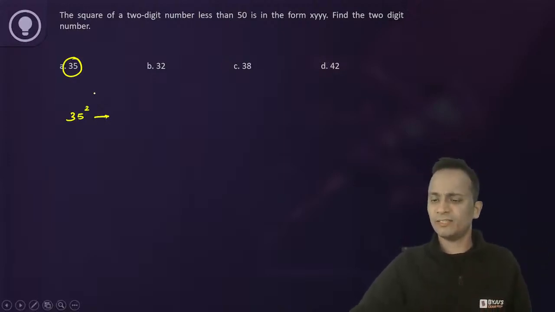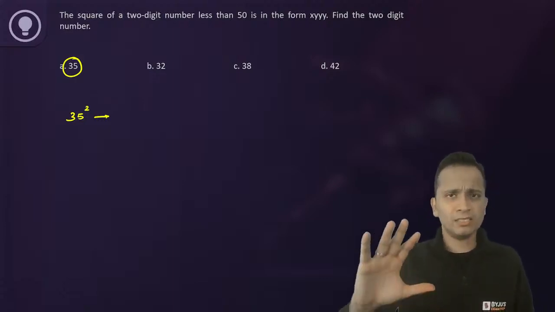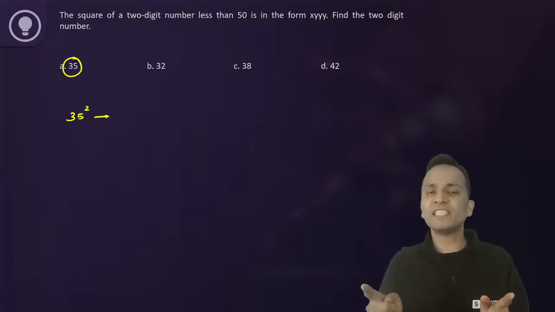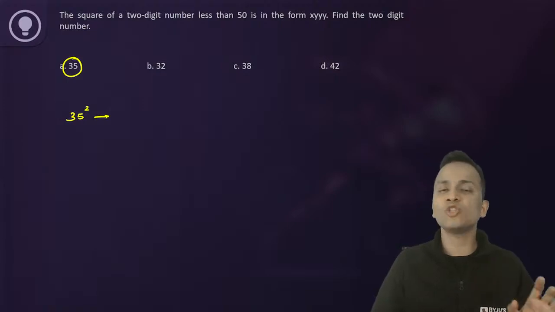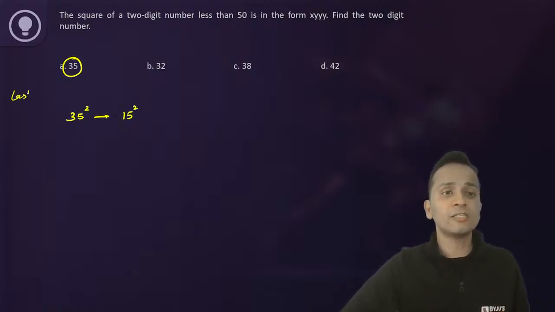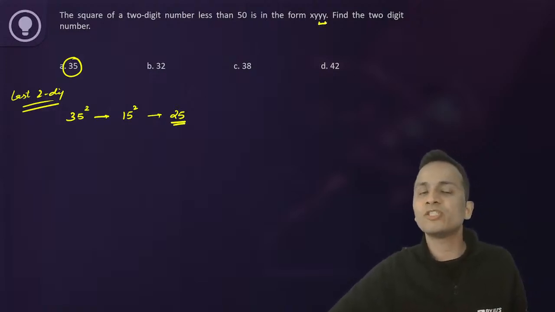We only look at the last two digits, okay, listen carefully. Now the last two digits of 35 square, I know the square of 35, but do not go into this, just look at the last two digits first of all. 35 square, the last two digits will be the same as 15 square, since the difference of 35 from 50 is 15. So 15 square, I'm just looking at the last two digits. 15 square's last two digits are 25. I need at least the last two digits to be equal.